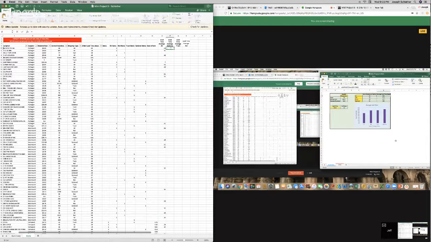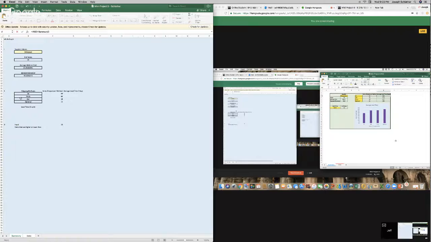Okay. Equals IF, equals. What am I doing right now? Optional.